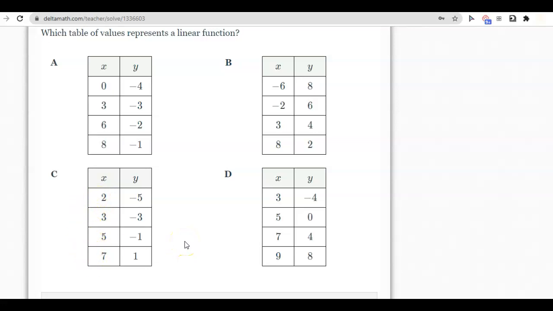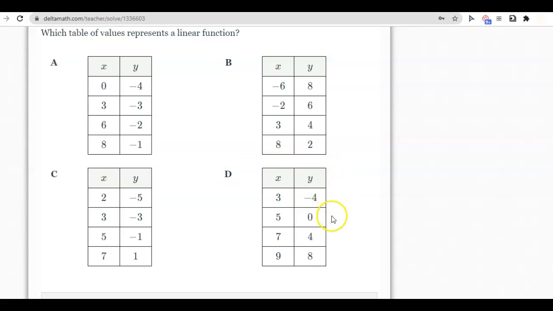So slope would not be the same. From here to here and here to here, that's +2 divided by +2. The slope is 1. But between these 2 points, I would have 2 divided by 1. That slope is 2. So I'm thinking it must be D, but I would never assume that. I would always check. So let's check.